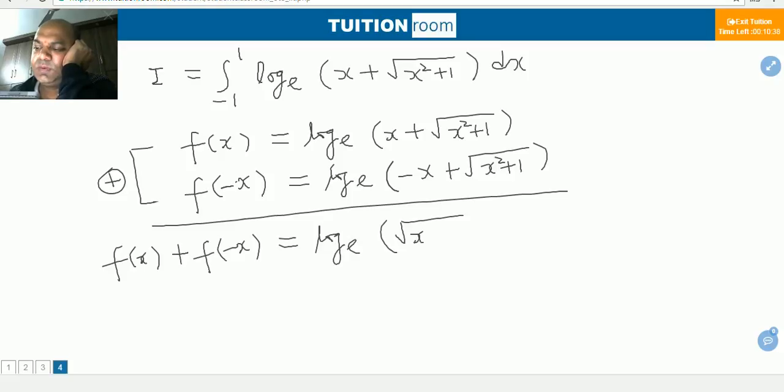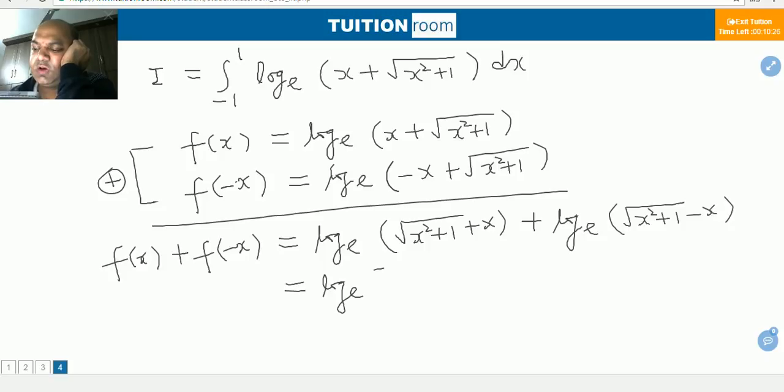First apply the formula, today's property that I taught you, and we have calculated the value of this as 0. Now the value of the integral will be integral of 0 dx, and it will be 0. So students, please copy it, then I will proceed for the next problem.